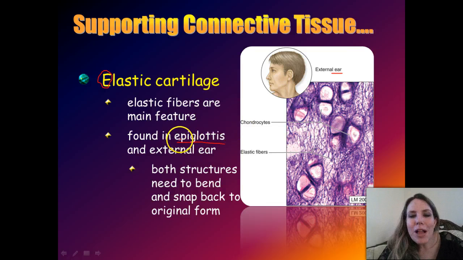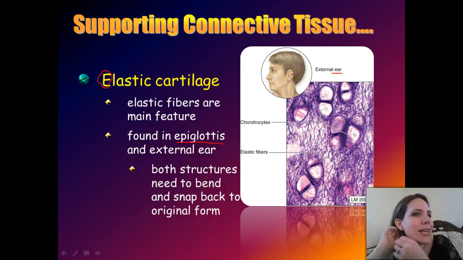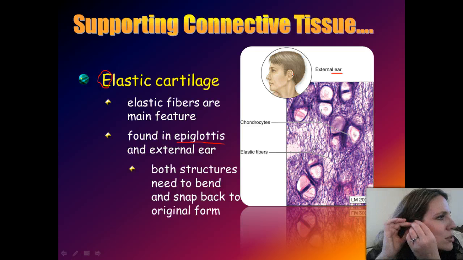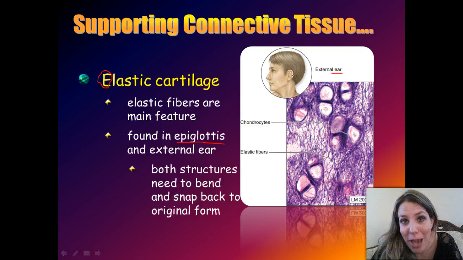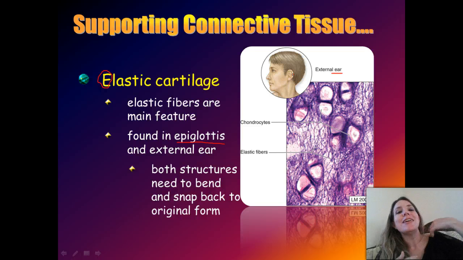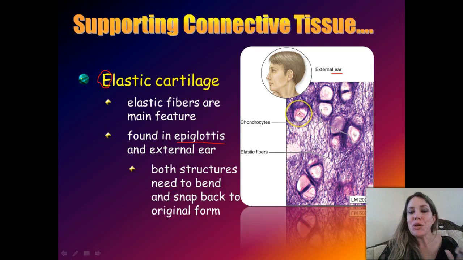So your epiglottis is made of elastic cartilage, and your external ear. It's elastic because it has lots of elastic fibers. If I bend my outer ear here, boing, boing, I want it to be able to snap right back. So you need those elastic fibers made of elastin protein to make sure it snaps back. So your ear and your epiglottis are made of elastic cartilage, and that's it.